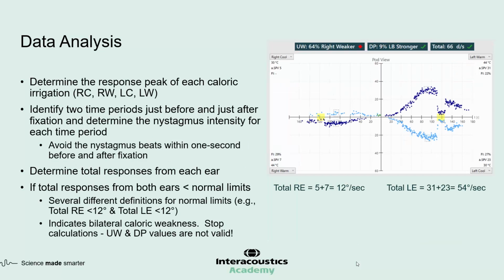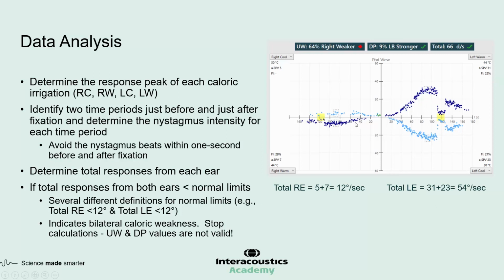So the data analysis: once you determine the peak responses for 4 irrigations, you have right cool, right warm, left cool, left warm. These are 4 values, each representing the peak response from the irrigations. You also need to identify 2 time periods right before and right after fixation here. Now, this is what I was mentioning.